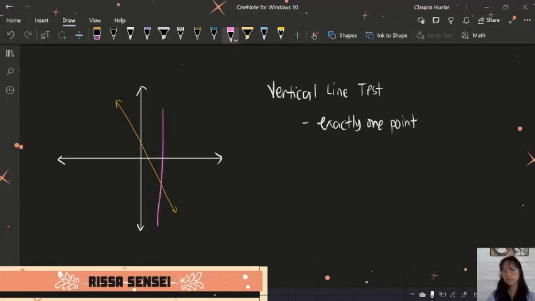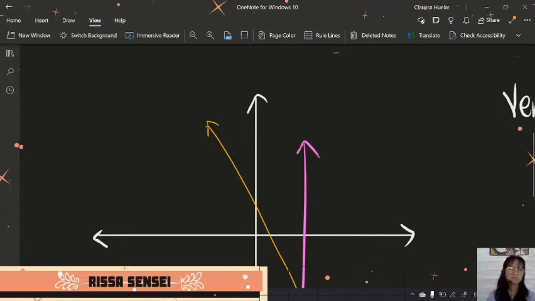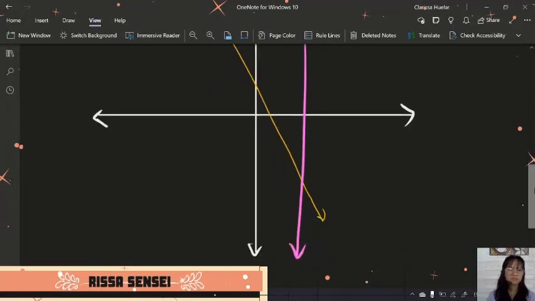For example, lagay ako ng vertical line. Mapapansin natin, yung intersection ay 1 point lang.